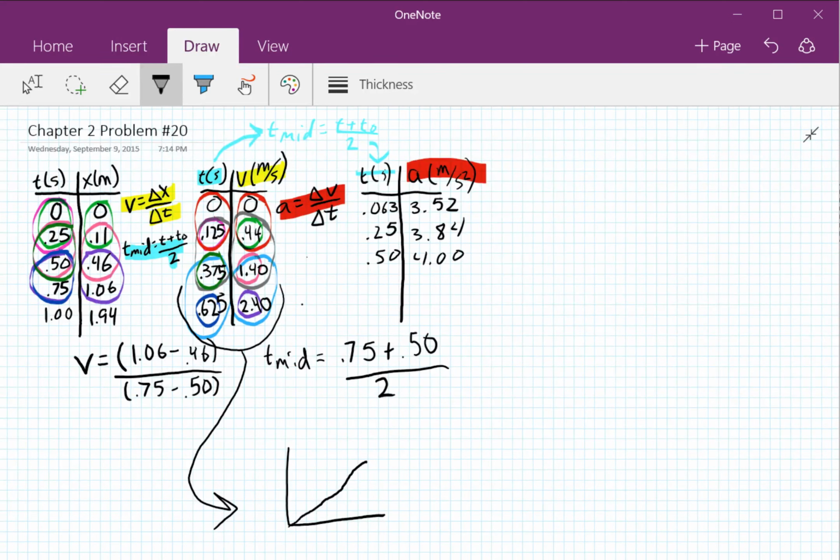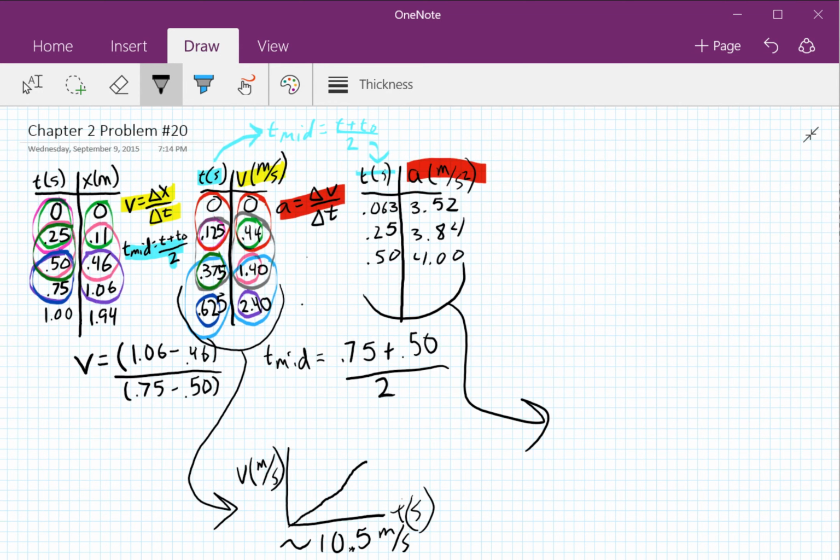Okay, so this is your velocity versus time graph, and the average of the slope here should be roughly 10.5 meters per second. Be a little bit above, a little bit below, it's okay. And then your acceleration, so you're going to get these values, and you're going to go over here.